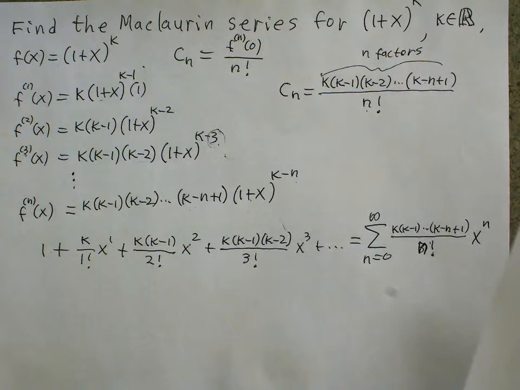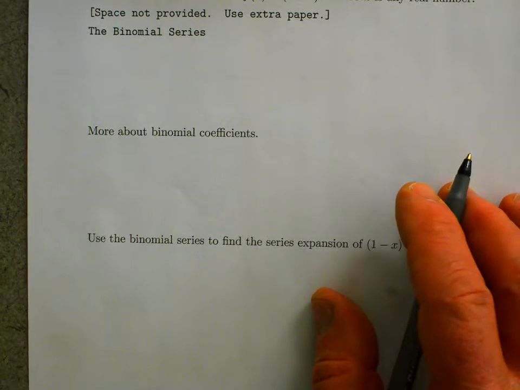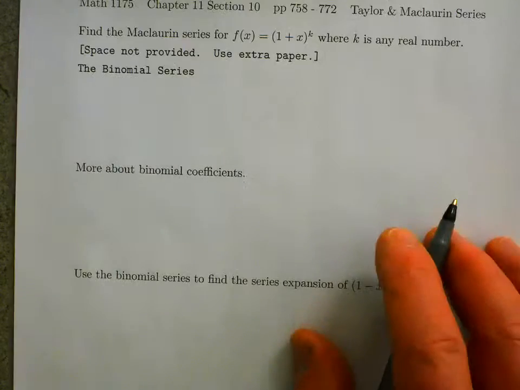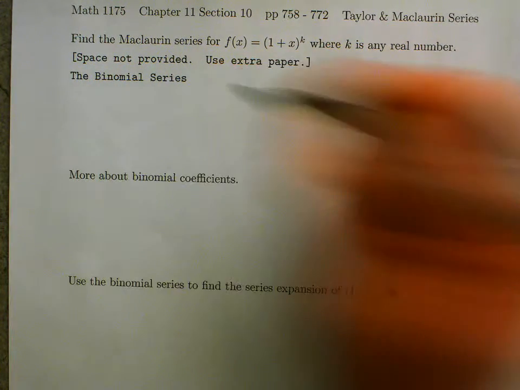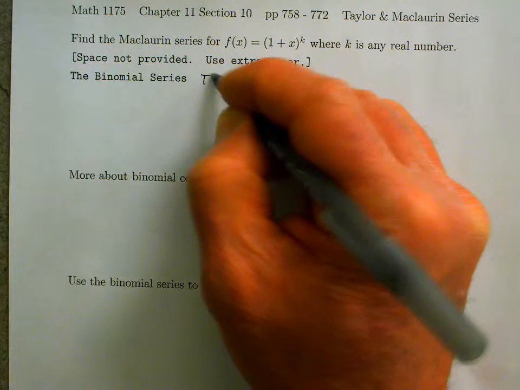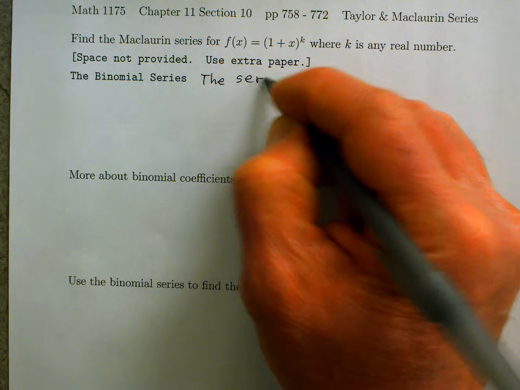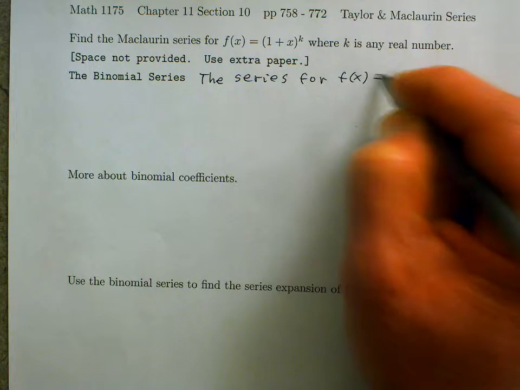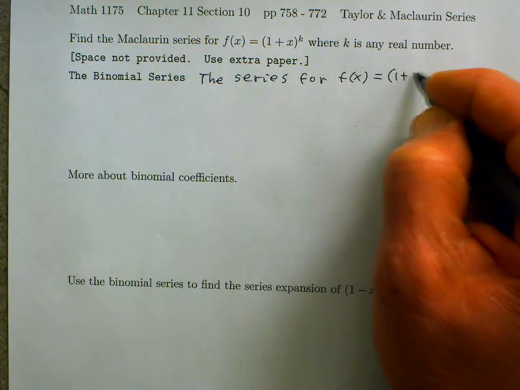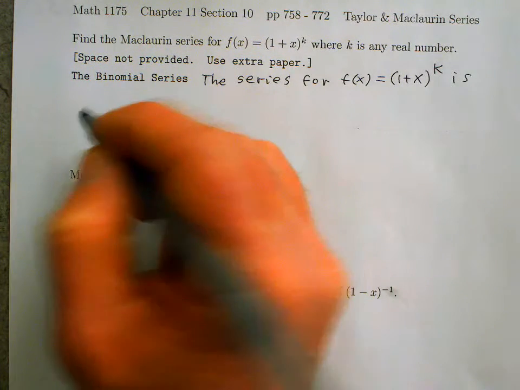So going back to the other piece of paper, we'll write down what we just found. Okay, the binomial series. So the Maclaurin series, or the series for f of x equals 1 plus x to the k, is what we just found.